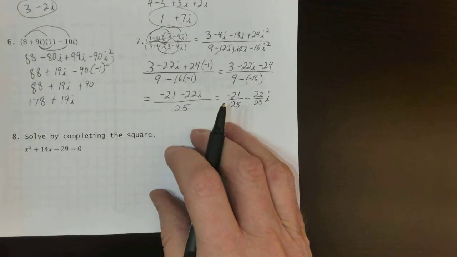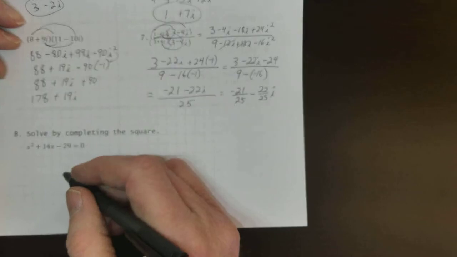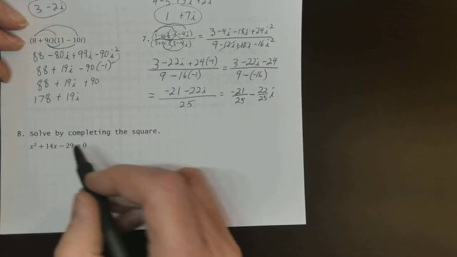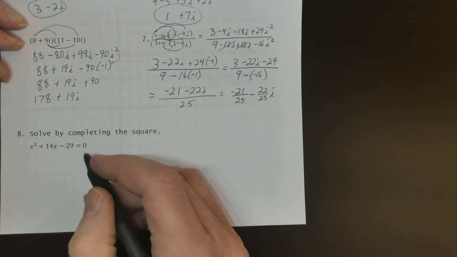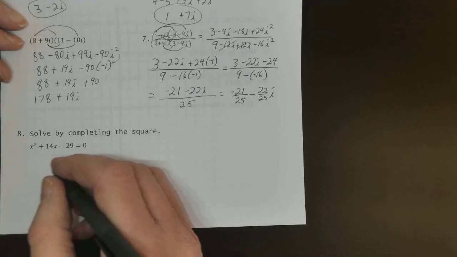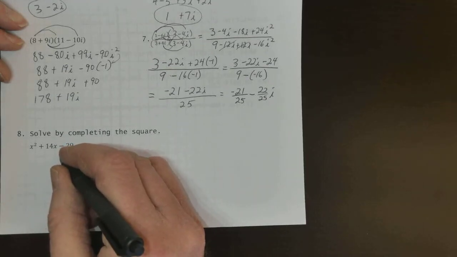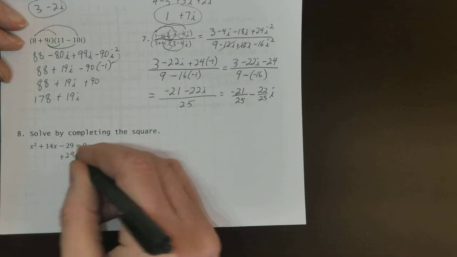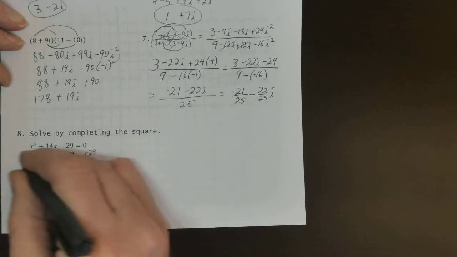All right, next, number 8. x squared plus 14x minus 29 equals 0. And I'm going to complete the square. I'm going to add 29 to both sides first.